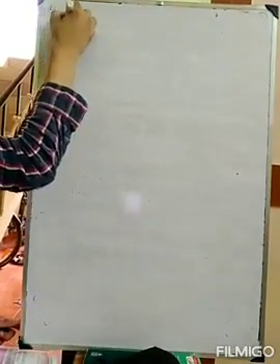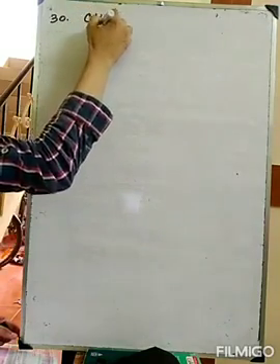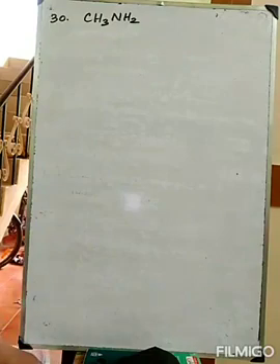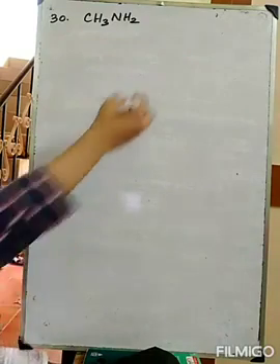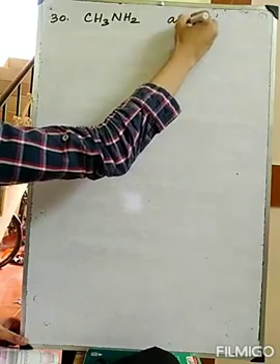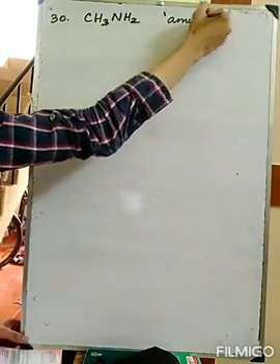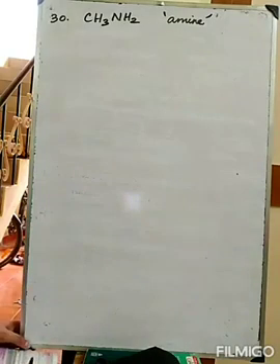Now the next question, 30. CH3NH2. NH2 is what functional group? I told you yesterday, NH2 is the amine functional group. Amine functional group means the suffix also you should write the word amine.